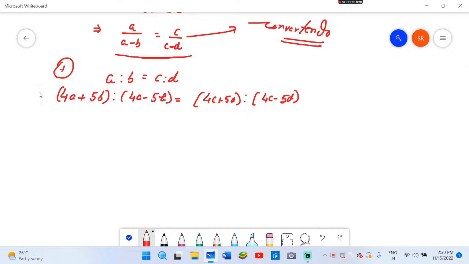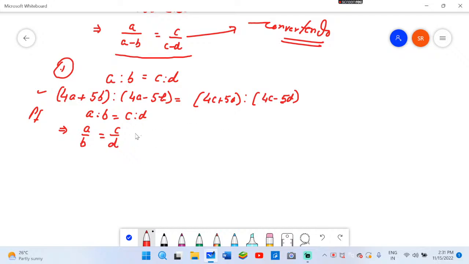See, here we write the given statement. We are given A is to B is equal to C is to D, which we can write as A by B is equal to C by D. The result to be proved contains 4 as coefficient for A and 5 as coefficient for B. Similarly, here 4 for C, 5 for D. So common sense says we should multiply the given statement by 4 by 5.